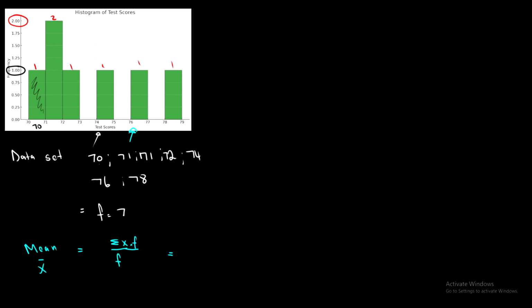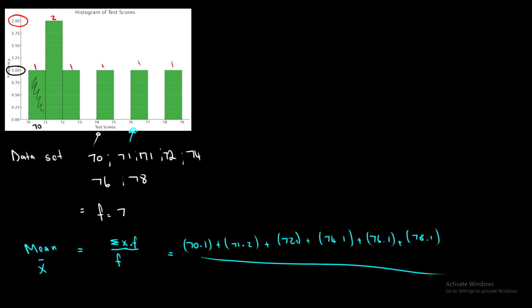We have 70 times 1 plus 71 times 2 plus 72 times 1 plus 74 times 1 plus 76 times 1 plus 78 times 1. And we can place that over our total frequency. We know our frequency is 7.